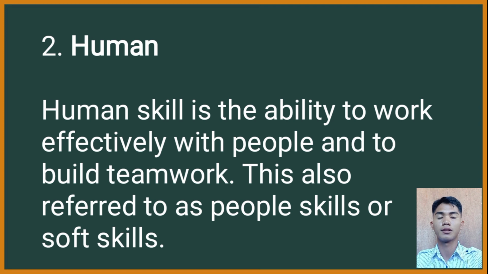Next one is human. Human skill is the ability to work effectively with people and to build teamwork. This is also referred to as people skills or soft skills. So as a leader, you should not just sit on your chair and command your followers or members to do the assigned task.